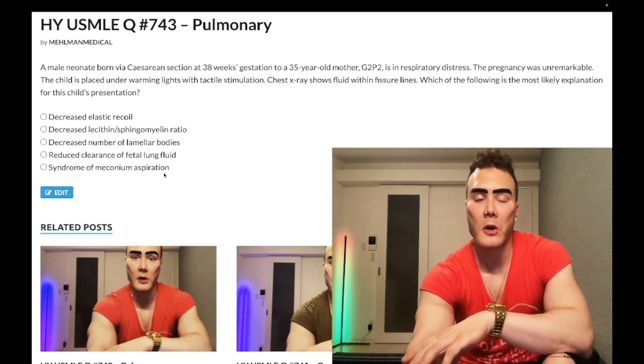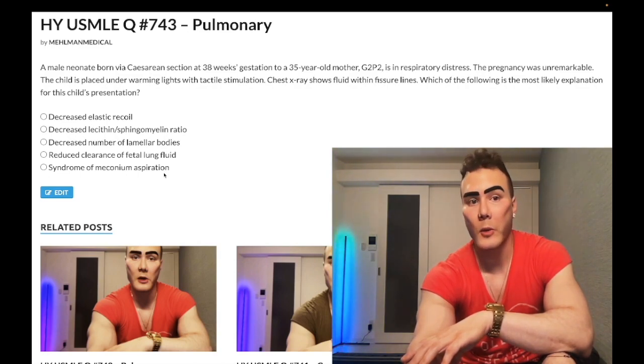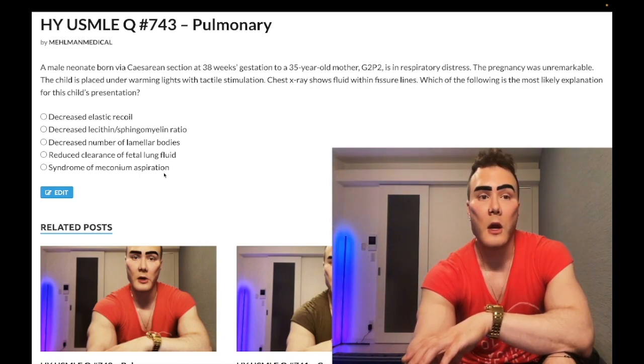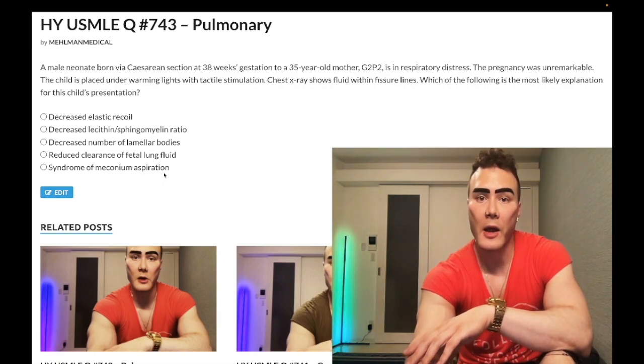So this is what they're going to do. They're going to say kid born at 43 weeks gestation. You're like, that's really late. There's meconium staining of the amniotic fluid, and he or she is cyanotic, and they're going to tell you that echo of the heart shows a right to left shunt across foramen ovale. And you're like, well, that's weird because the kid's born already.